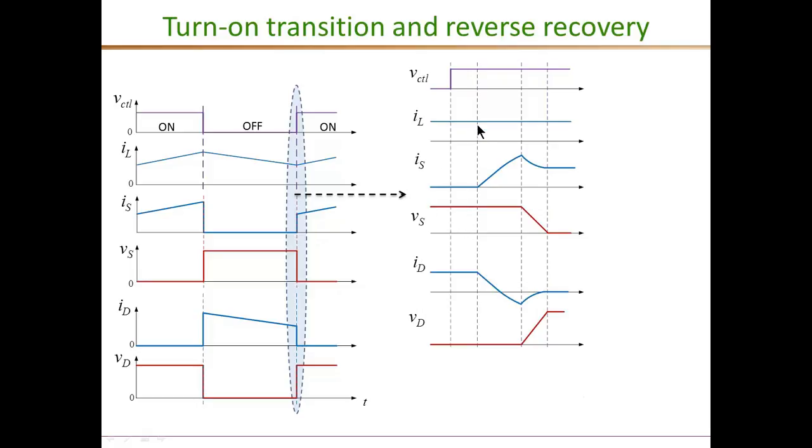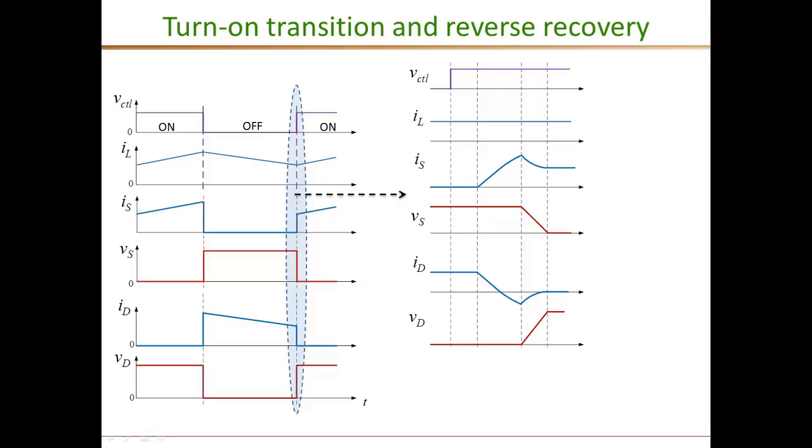Similar to the previous case, there is a small instant when there is not any transition happening. This is when the gate voltage is rising either from a negative voltage or from 0 towards the threshold voltage, and after it has reached that value, the first response is for the switch current to increase.